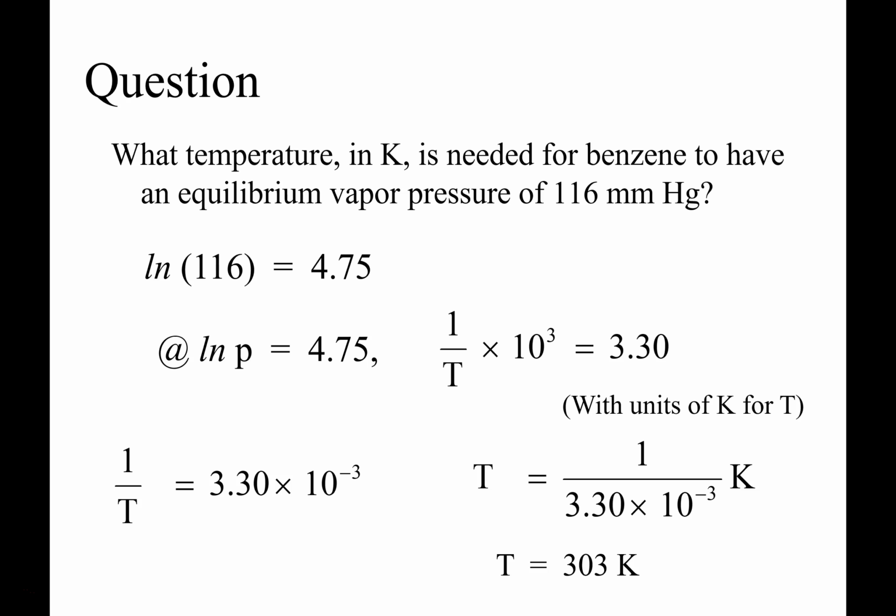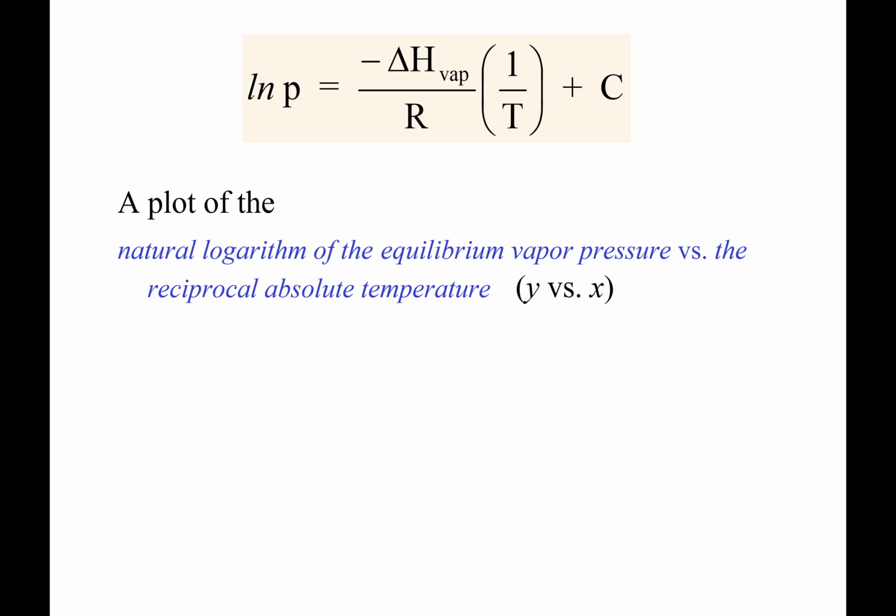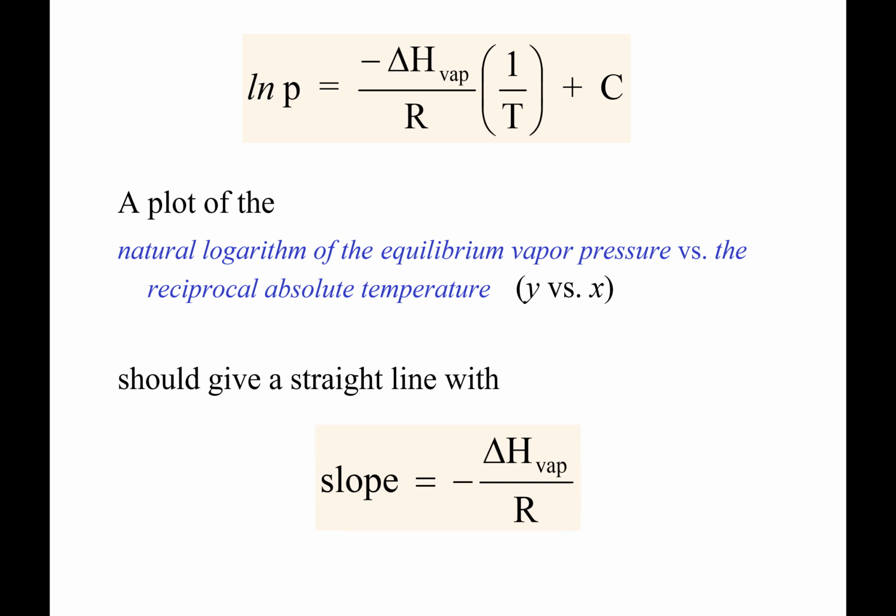Okay, so a couple little tricks there. That's how it looks. What else do we need to know about the Clausius-Clapeyron plot? Well, that's the Clausius-Clapeyron equation. So I think I've already said that along the y-axis we plot the natural log of equilibrium pressure versus the reciprocal of the absolute temperature along the x-axis.